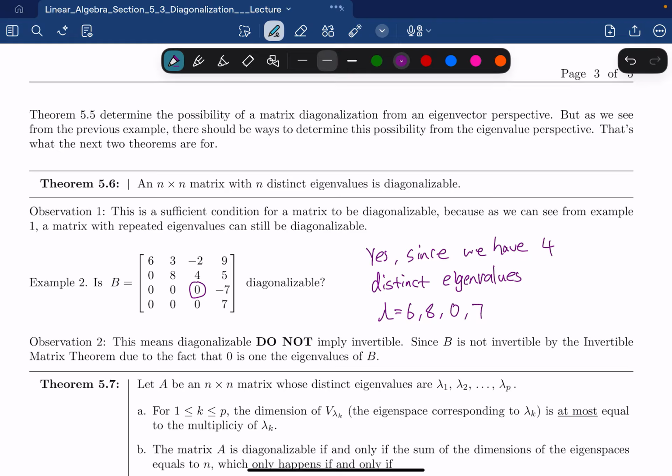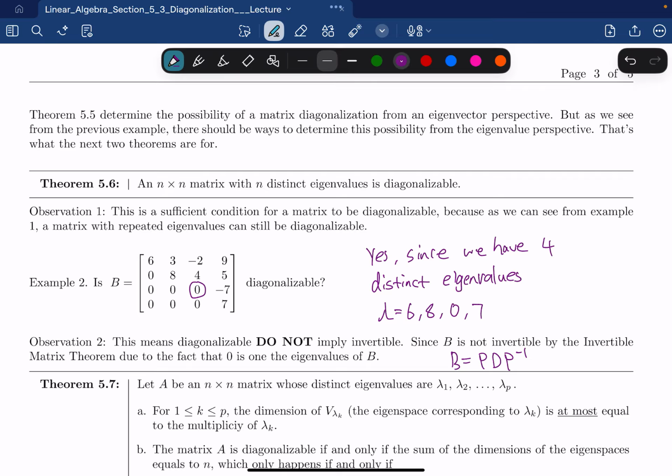Even if B is similar to a diagonal matrix D, in other words B equals P D P inverse, where P and P inverse are of course invertible, it does not mean D is invertible.